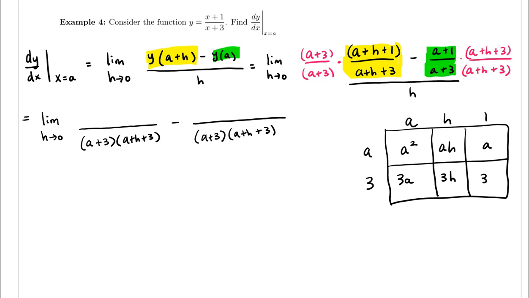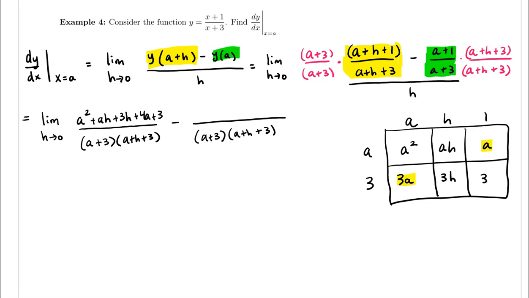I don't think there are any like terms. No, I take that back. So a and 3a, that will add up to 4a. So a squared plus ah plus 3h plus 4a, and then plus 3.